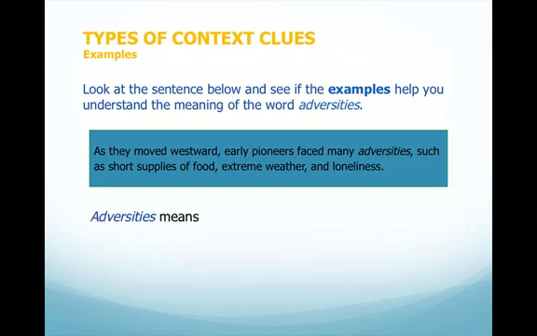So what does the word adversities mean? Do you think it means criminals, decisions, or hardships? What are short supplies of food, extreme weather, loneliness? These are bad things that happen to us, hard times, or hardships.